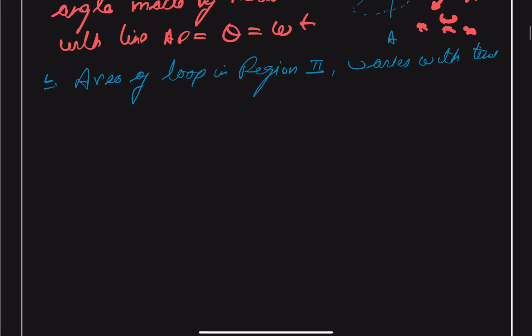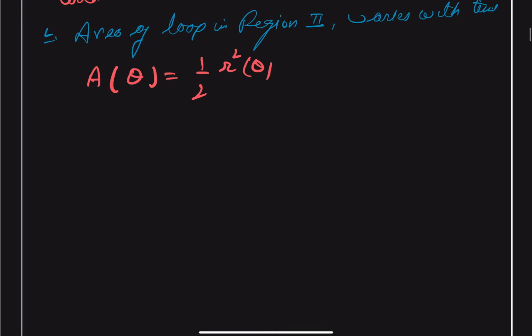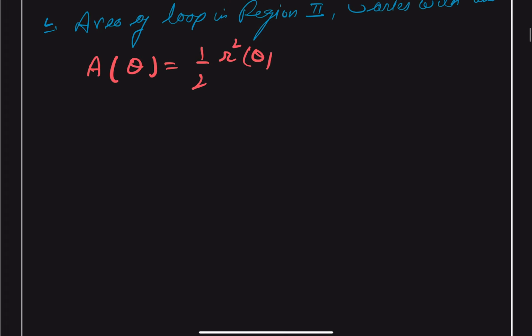So we can write that this area will be dependent upon angle theta. So area with respect to angle theta will be equal to half r squared theta, where theta is the angle in radians, because this results in the formation of a sector.